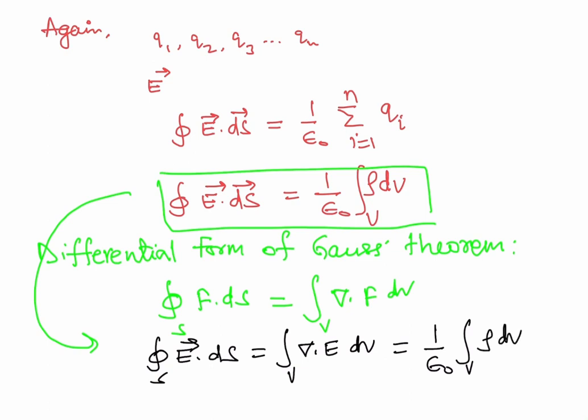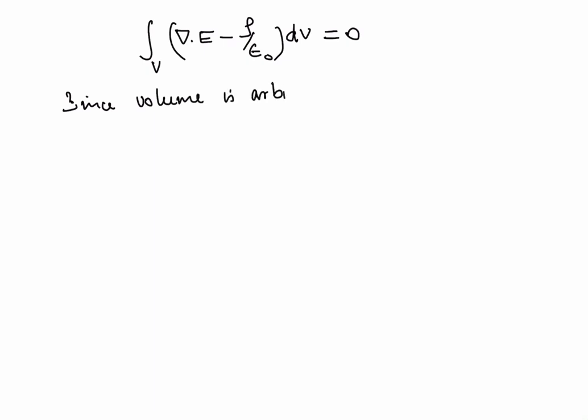which implies the integral of del dot E minus rho by epsilon naught dv is equal to 0. Since volume is arbitrary, therefore the integrand must be equal to 0.